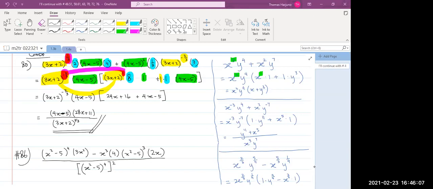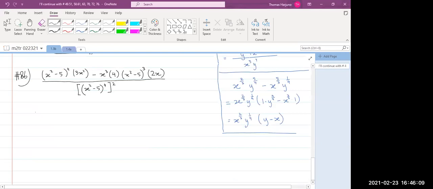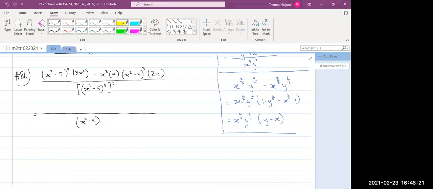Now let's see. The denominator, let's just write it as x squared minus 5 to the what? What is blah to the 4th, squared? A to the 8th, not to the 16th.